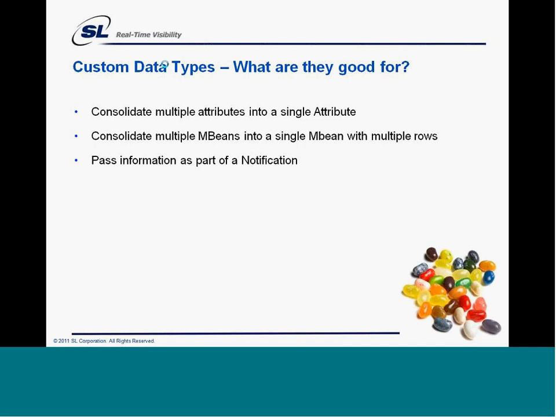The other part is if you need to consolidate multiple MBeans, or multiple logical MBeans, into a single MBean. This is highly successful when doing remote operations. Instead of making many requests over to the other node, you can make one request, retrieve multiple data rows, and then use the consolidated custom data type to retrieve the data, loop through it and use it as necessary.